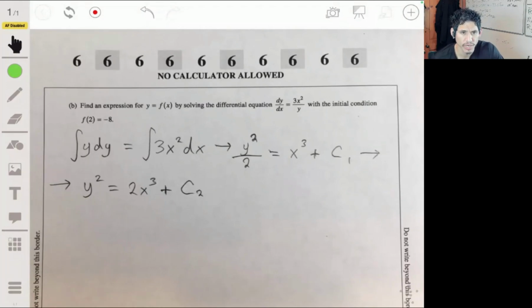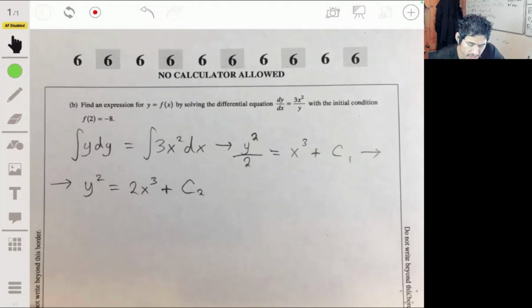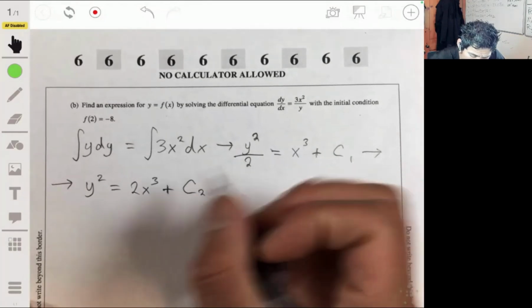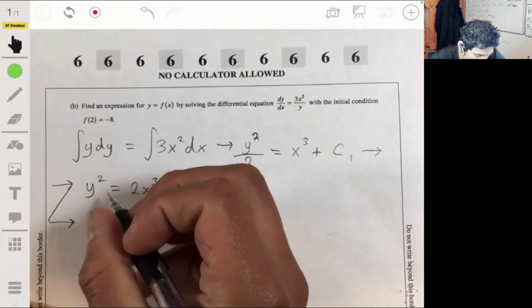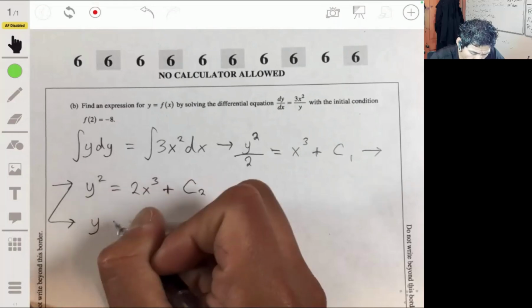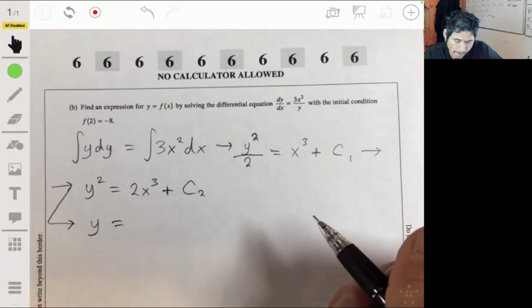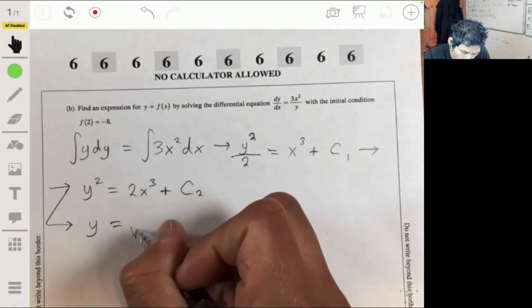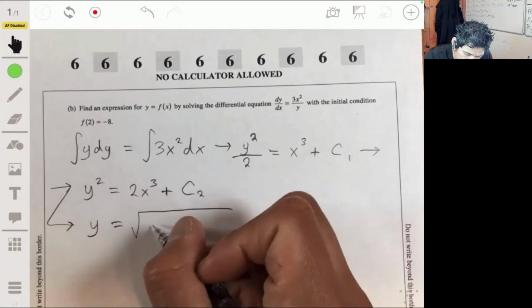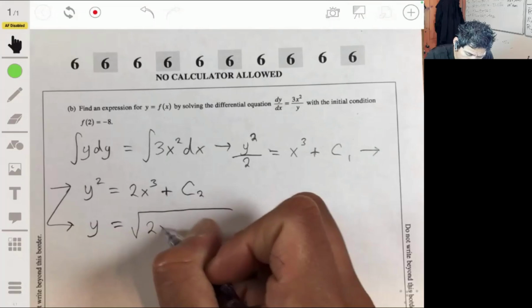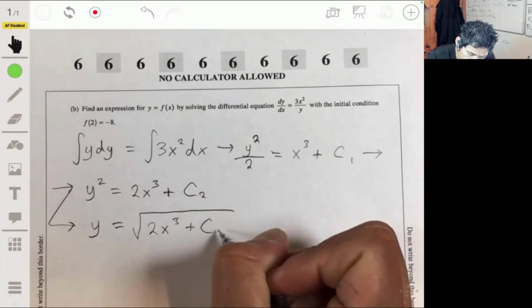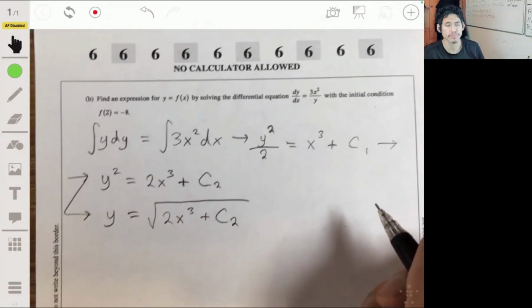Now we solve for y here by square rooting it. Okay, so y will be the square root of 2x cubed plus c2.